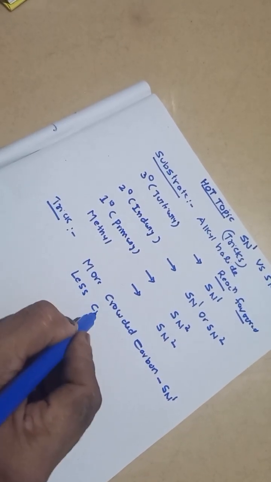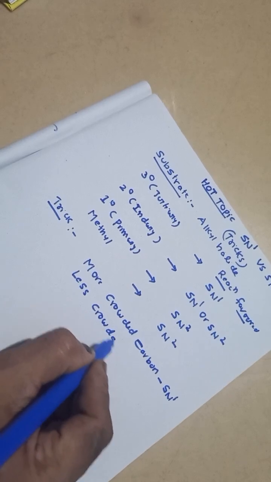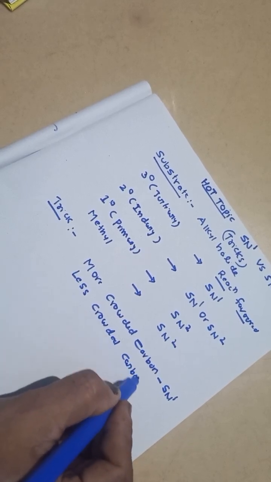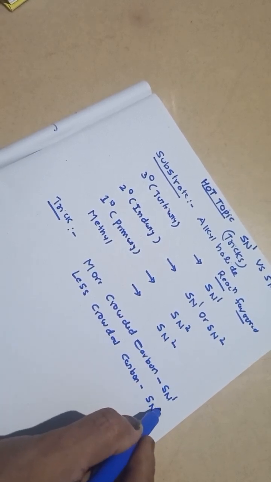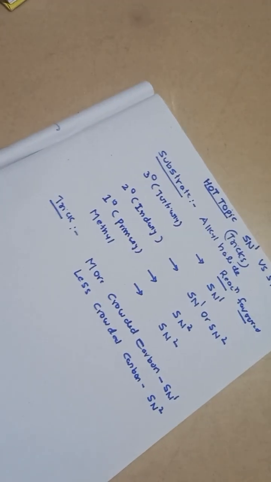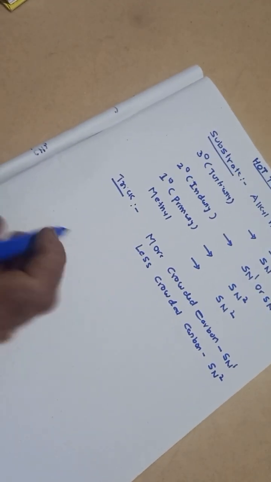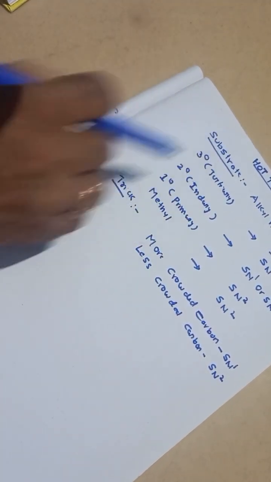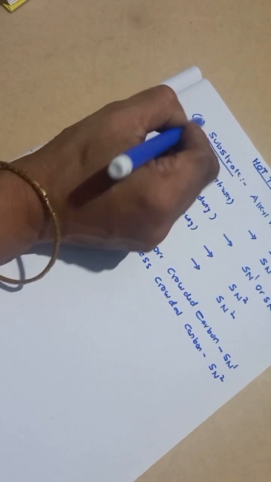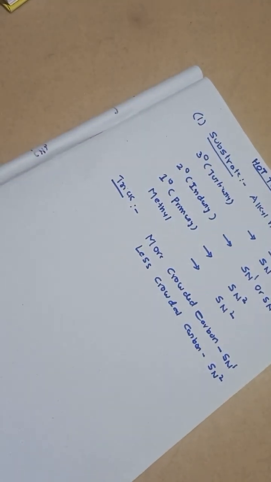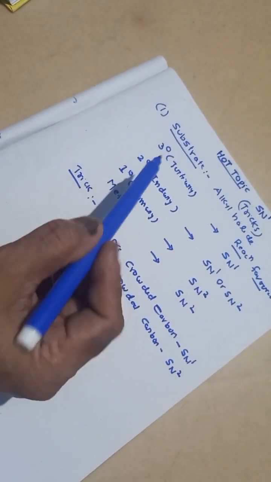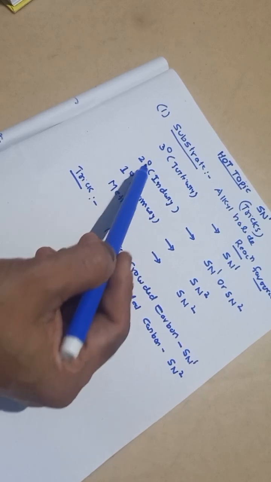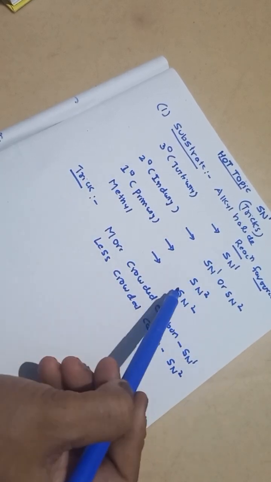Less crowded carbon, then it favors SN2 mechanism. Right students? Now coming to here, the first point we discussed is the substrate. If our substrate is alkyl halide, then we differentiate it as tertiary, secondary, primary, and see which mechanism follows here.